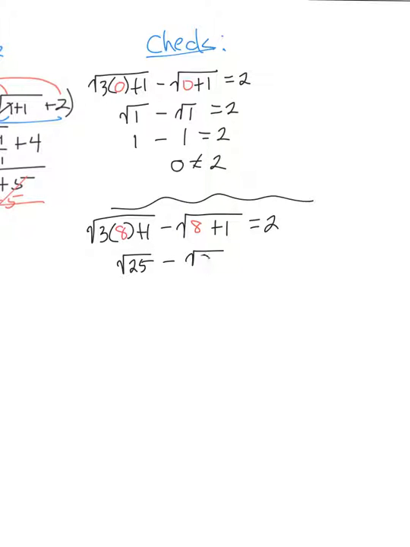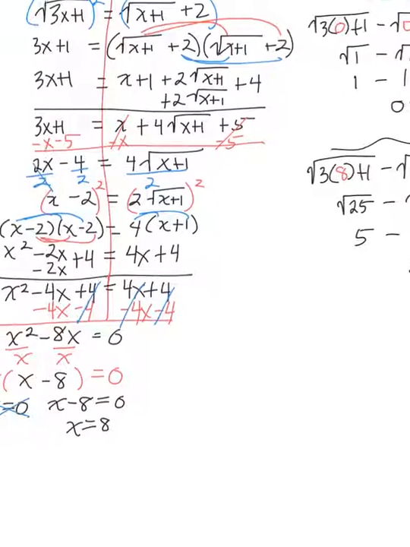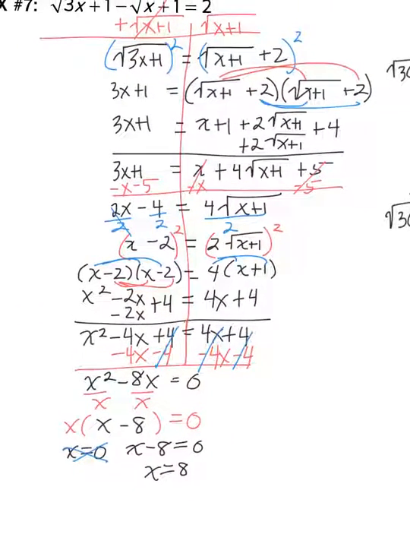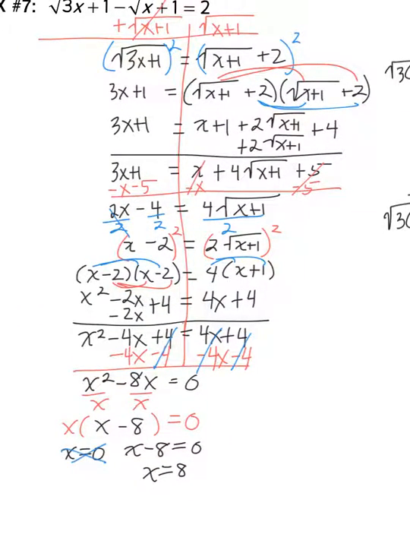Minus 8 plus 1 is 9. So the square root of 25 is 5. The square root of 9 is 3, and equals 2. 5 minus 3 is 2, equals 2, and that checks. So we're going to go back over to our solutions, and x equals 8 is a good solution.